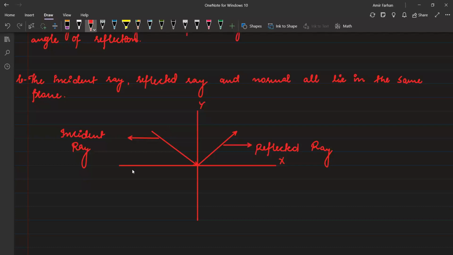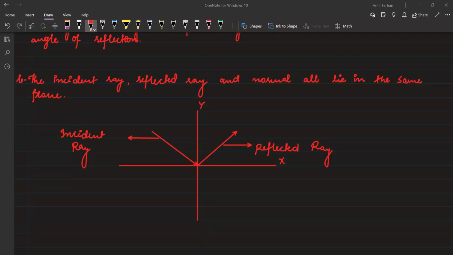Any doubt so far? Clear? Okay. So this is what we can call the laws of reflection.